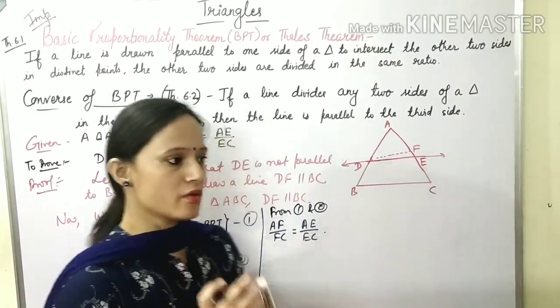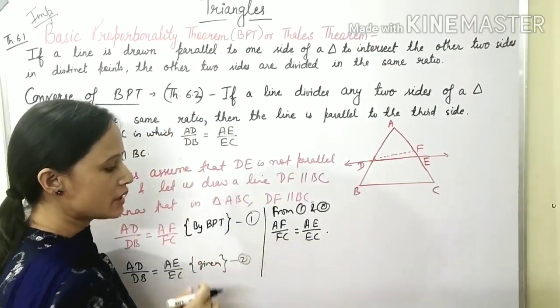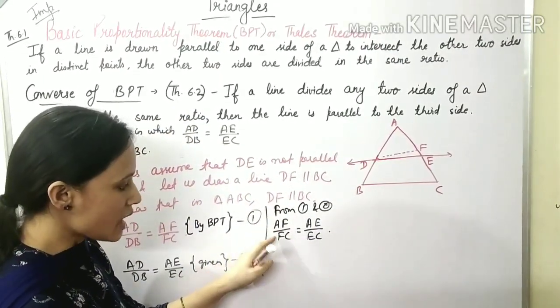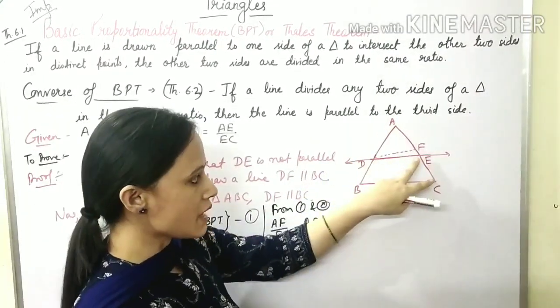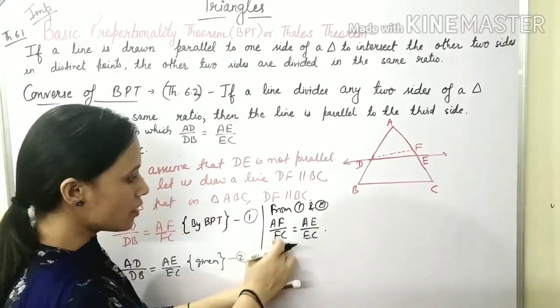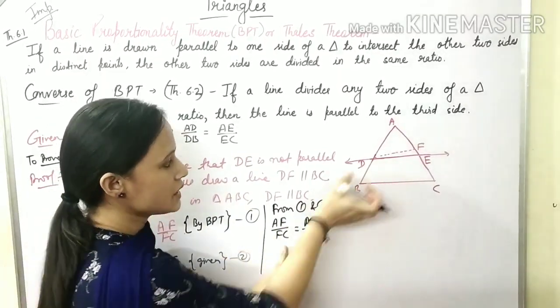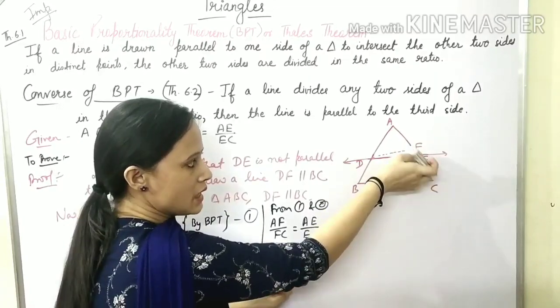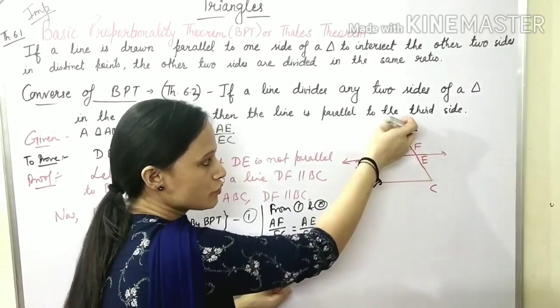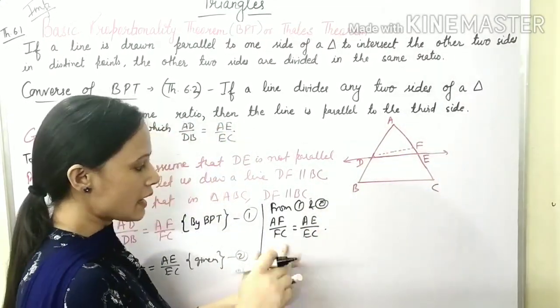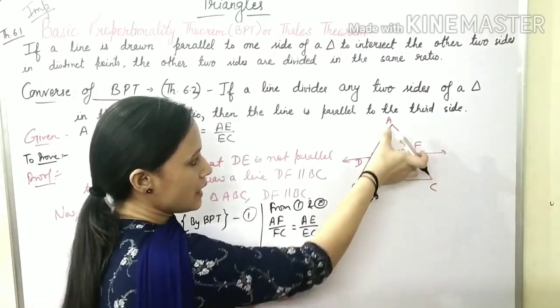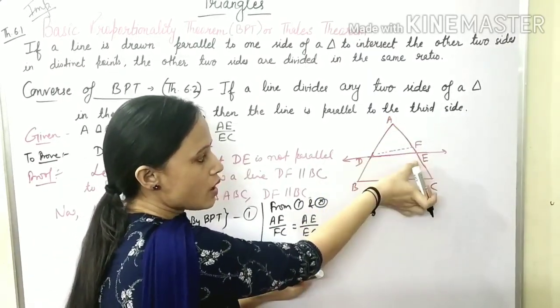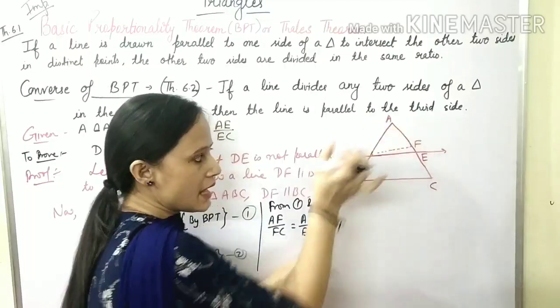To prove that, whenever we have such a condition, where the parts of the sides are in a ratio, as here AF upon FC, these two are the parts of the side AC only, and AE and EC are also parts of side AC only.